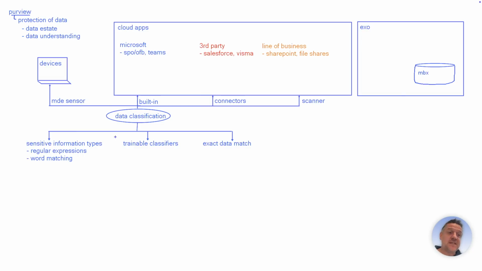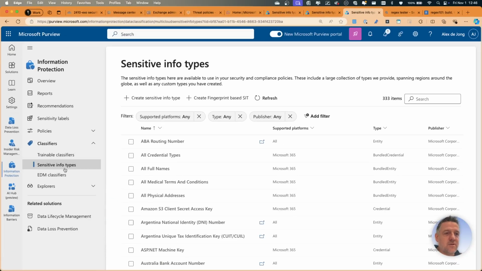Now, sensitive information types make use of regular expressions and word matching. Trainable classifiers make use of machine learning. Machine learning models are created by Microsoft to recognize all other kinds of data.